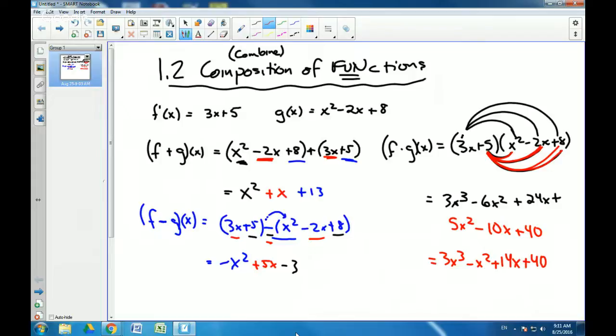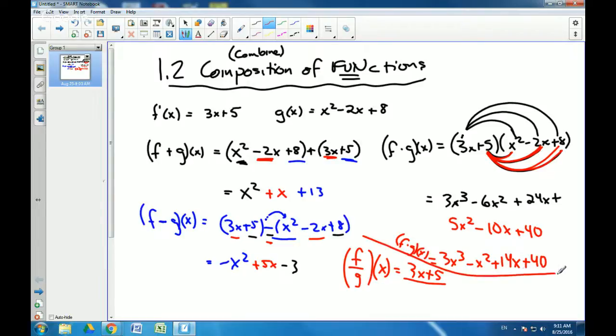Okay. Now division, right now division is actually easy for you guys. Because we don't have to simplify yet. We haven't touched synthetic division or any of that stuff. So then that's just your answer right there in the red.